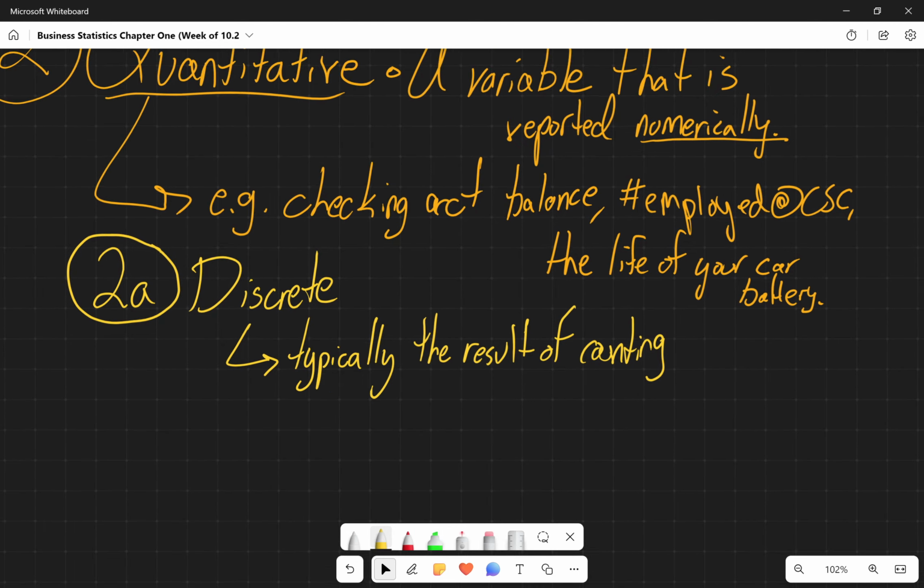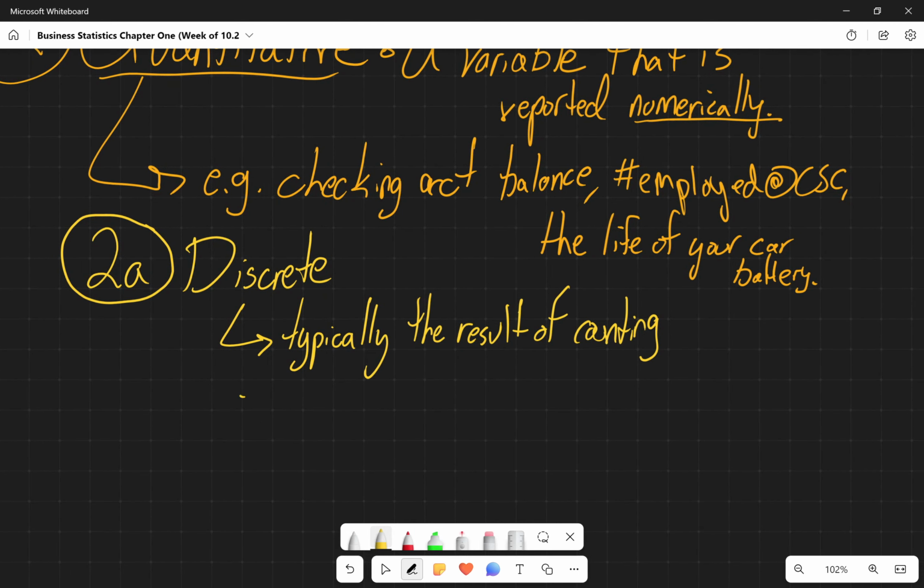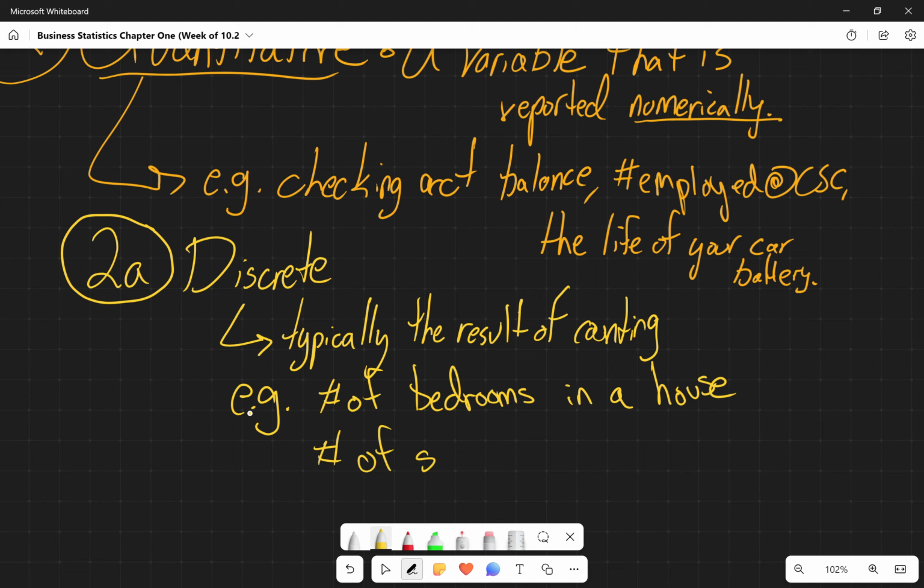For example, a discrete variable would be the number of bedrooms or bathrooms in a house. Could also be the number of students in this statistics course.